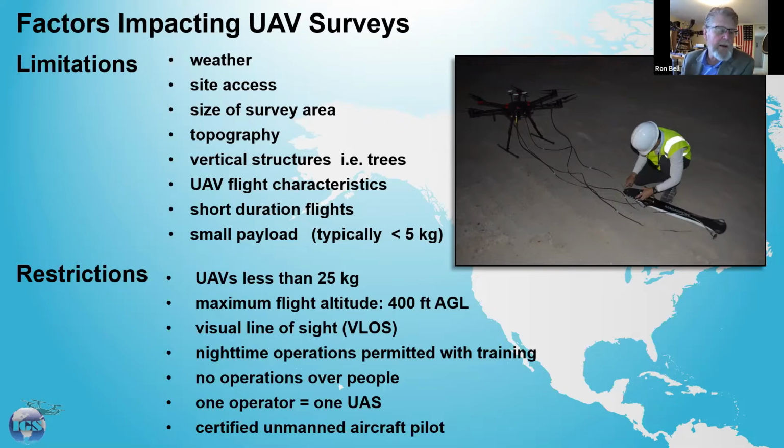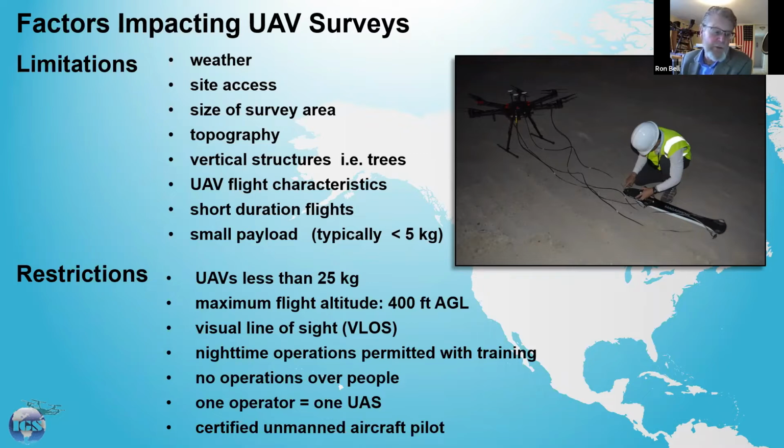But the duration of flight gets longer as we move to other propulsion systems. And generally, we have a small payload. My drone will carry up to about 5 kilograms. That's pretty good, but it's probably not good enough for some of the payloads we'd like to have. Those are the limitations of UAV surveys.